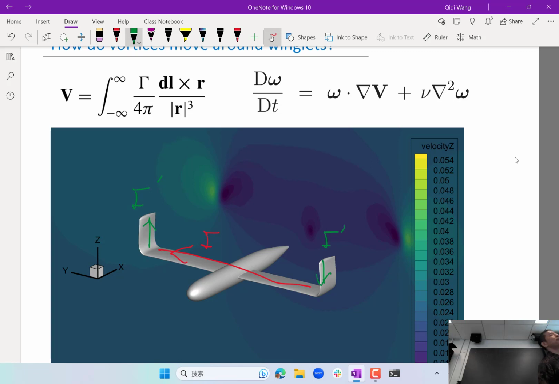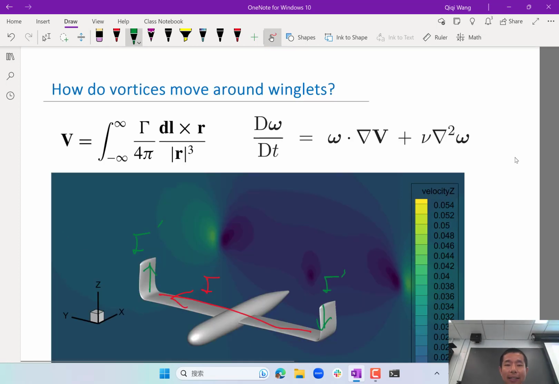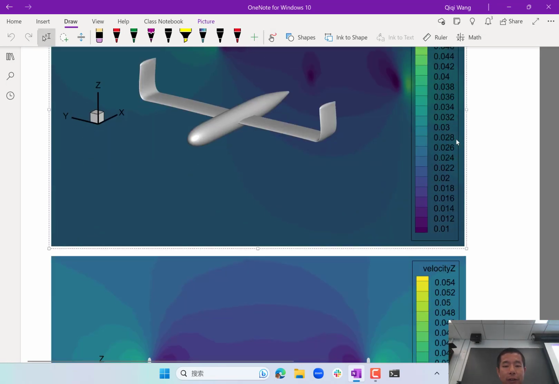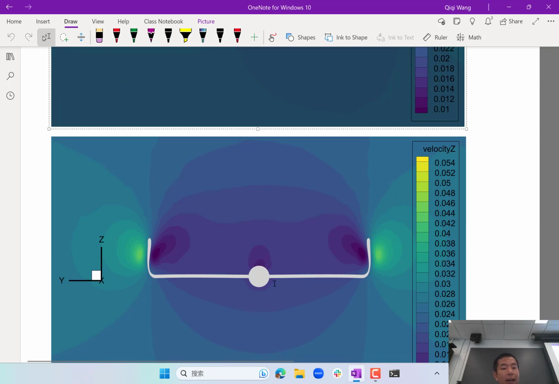That counteracts the effect we have seen on the last slide. And as a result, if you look at how vortices move around wings with winglets, we no longer observe the inward motion, or at least the inward motion would be less than for an airplane without winglets. All of these are ways to analyze, for example, the kinetic energy distribution behind the airplane and figure out the induced drag.